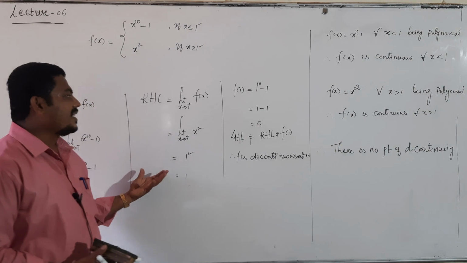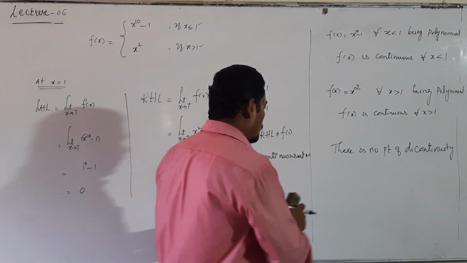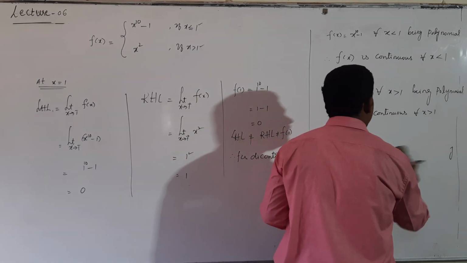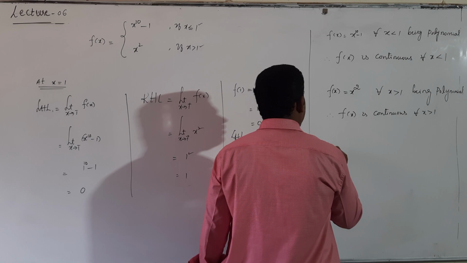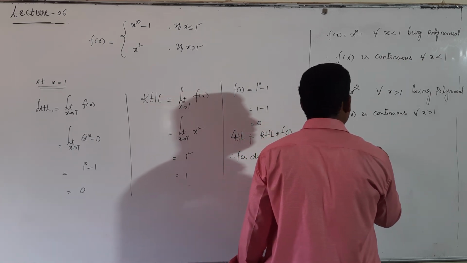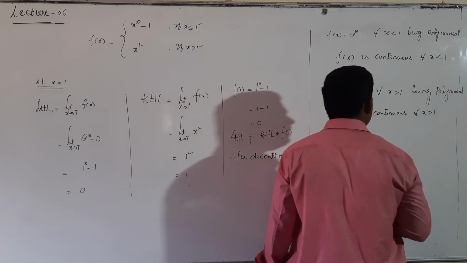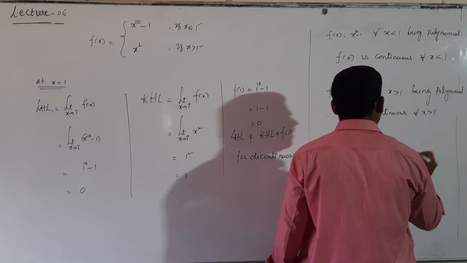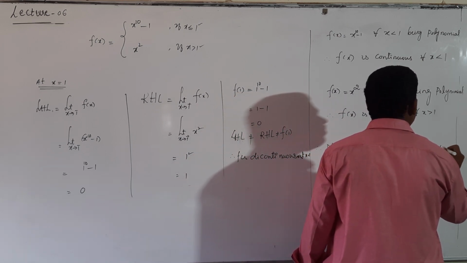In this case, the point of discontinuity is at x equal to 1. Lastly, write the conclusion. Therefore, the point of discontinuity of f is at x equal to 1.